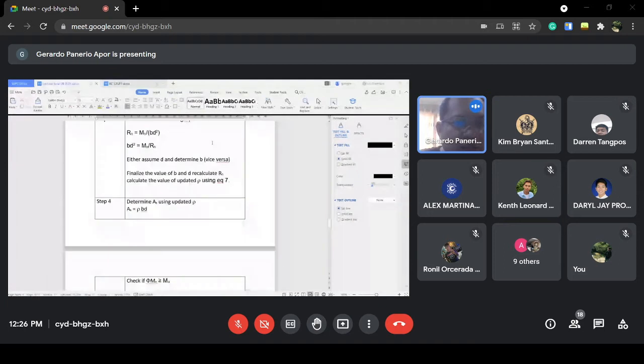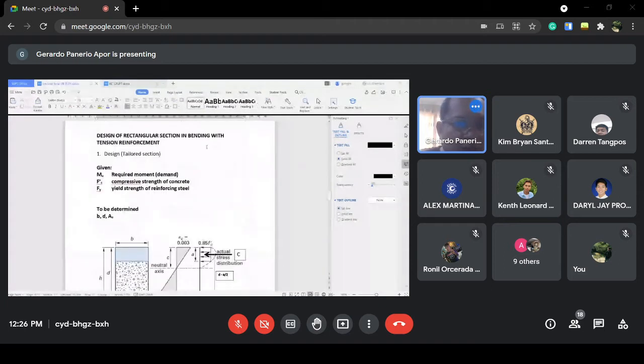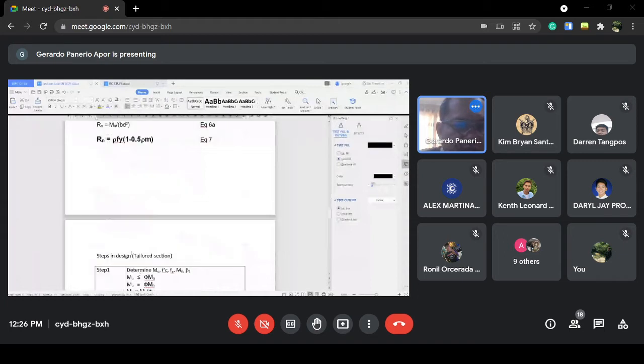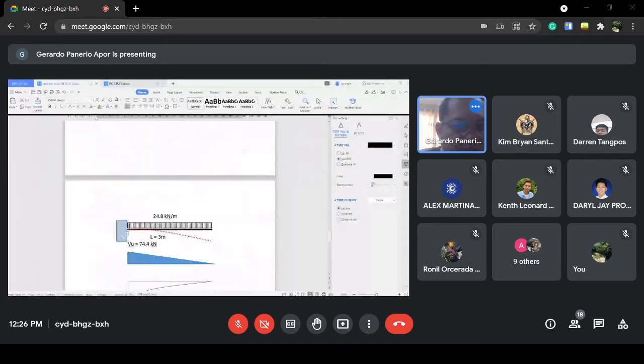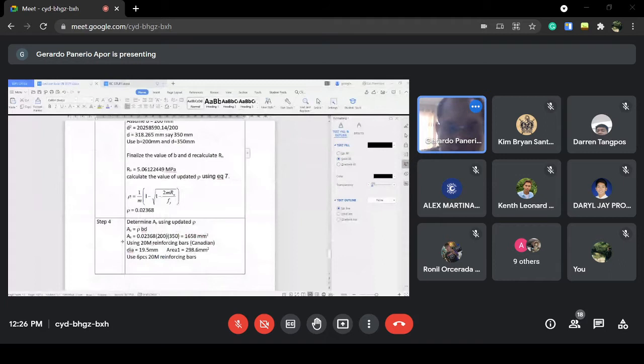Yeah, this is the design tailored. So when we say another design of tension reinforcement, this is the second type. I will put it here, the second type.